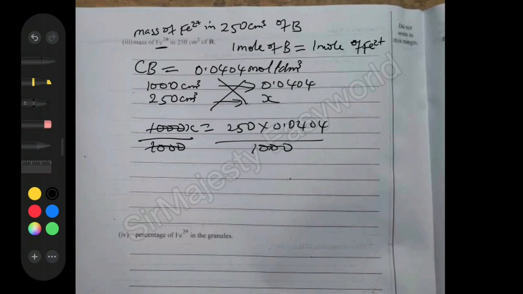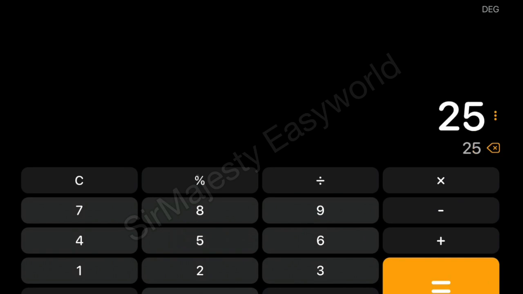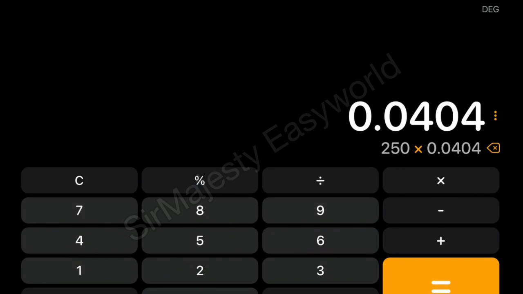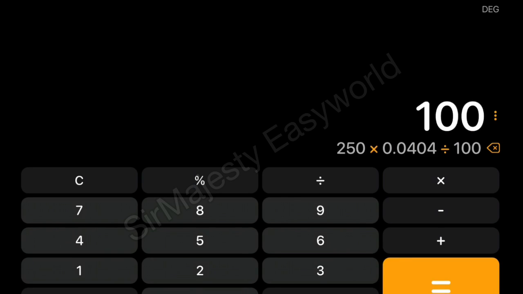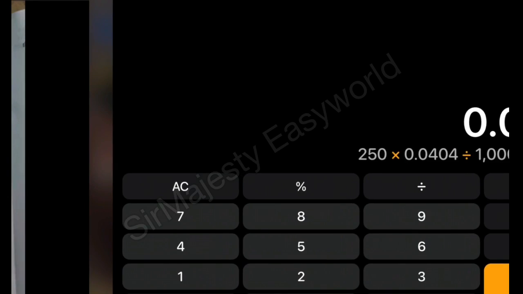So from the calculator department, we have 250 times 0.0404 and divide by 1000, if I'm not mistaken, is equal to 0.01.